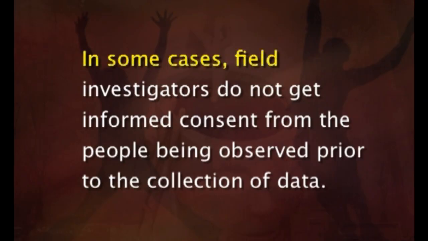Furthermore, the validity of the observations may depend on the part of the identities that the investigators publicly project while making their observations. Validity may be destroyed if the researchers have been operating covertly and the subjects suddenly discover that they are being observed. In some cases, field investigators do not get informed consent from the people being observed prior to the collection of data.